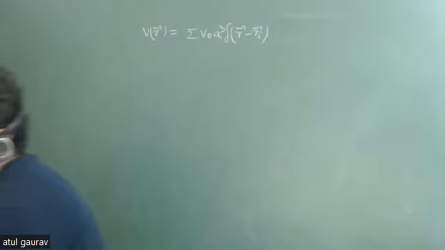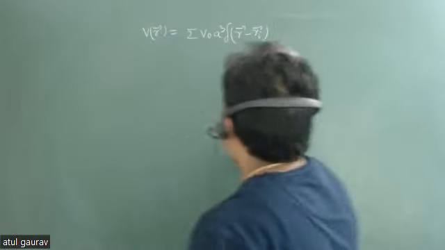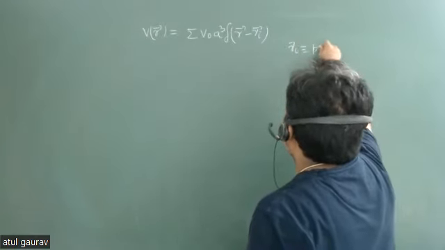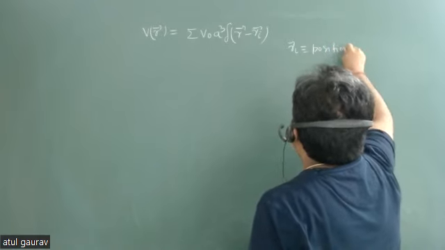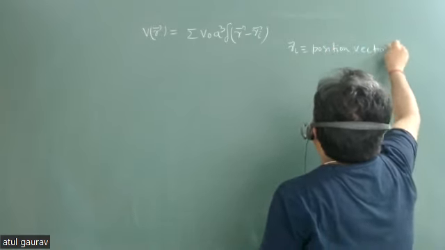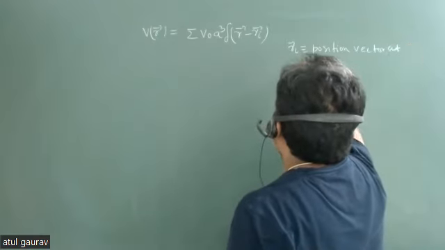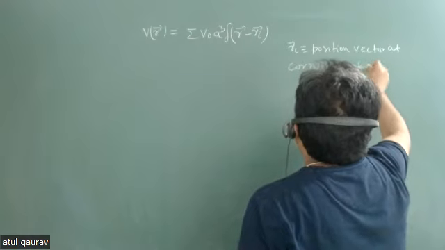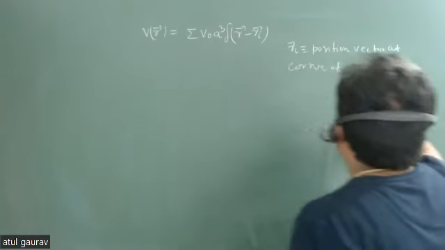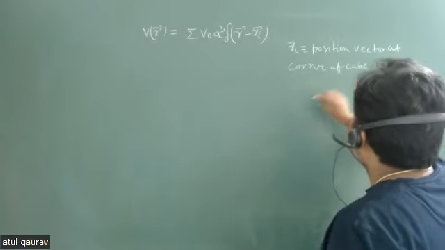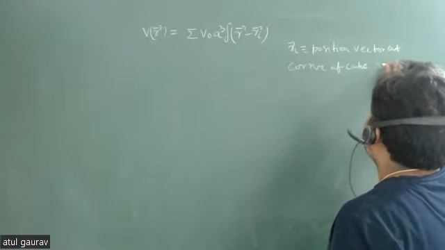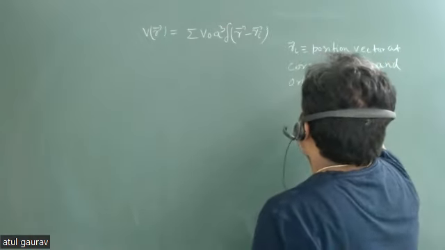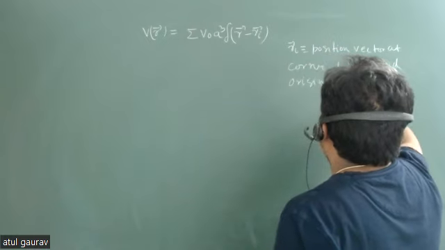And what is r_i? r_i is the position vector of the corner of the cube, and the origin is at the center of the cube.